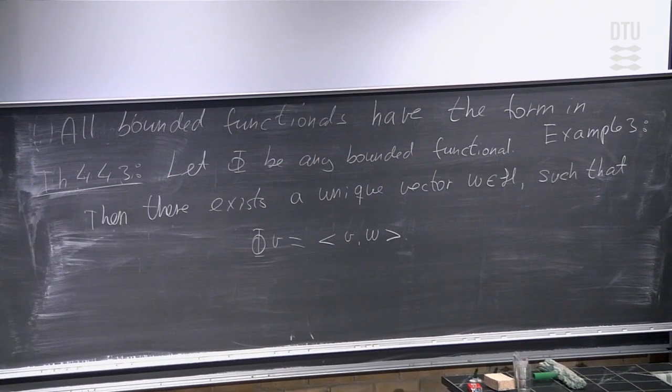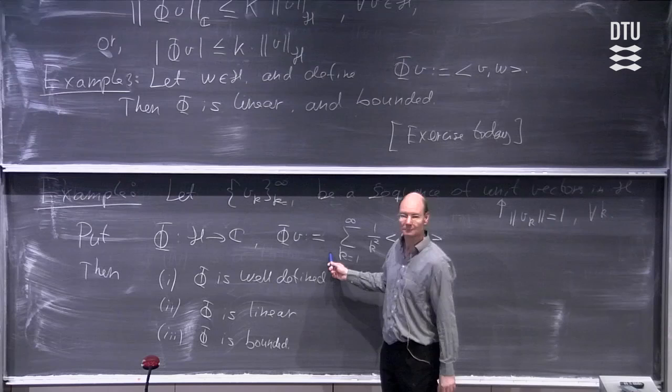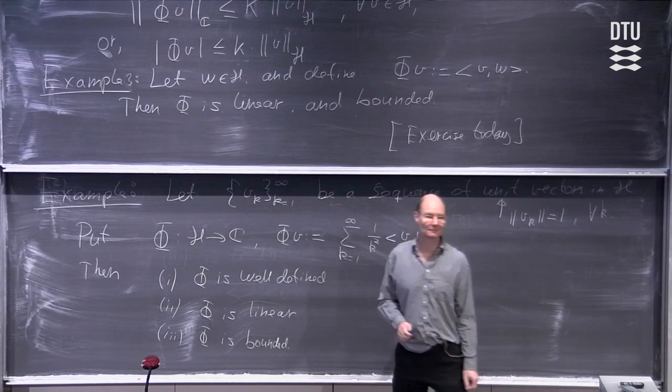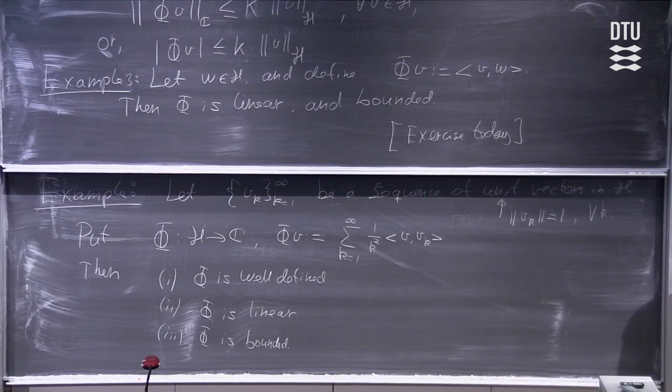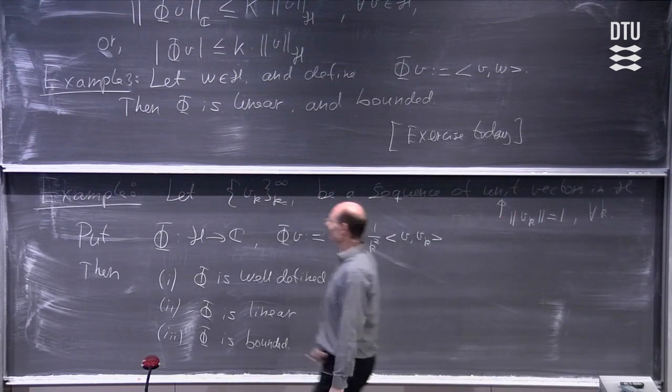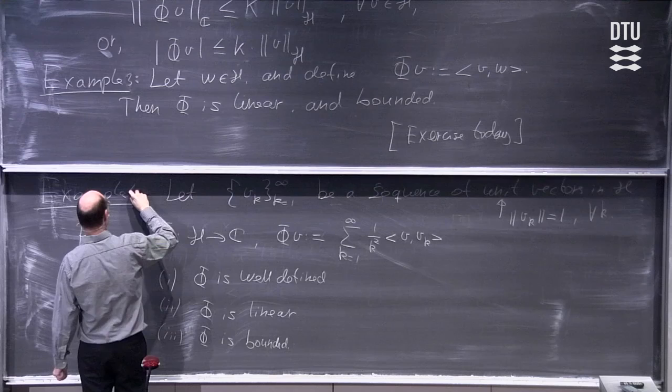Actually, I did not plan to ask you about that, but now I'll do it anyway. Can any of you see how W looks like in this example? So now, if you want to refer to that, then we also need a number for that. So let's call this example 4.